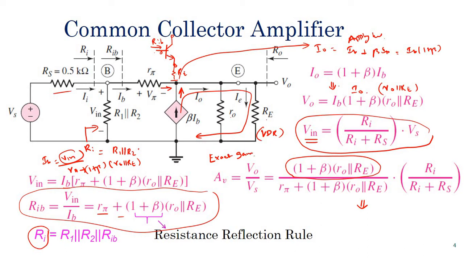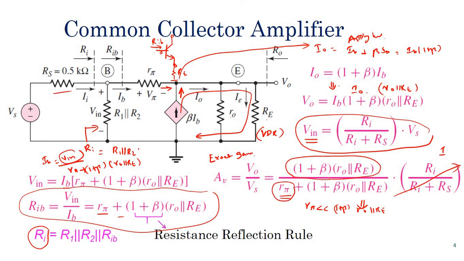If you do an approximation, normally this Rs will be small, so the whole term will become equal to 0, and you will end up getting 1 plus beta R naught parallel Re. So this R pi will be much less than 1 plus beta R naught parallel Re, so you can neglect this.